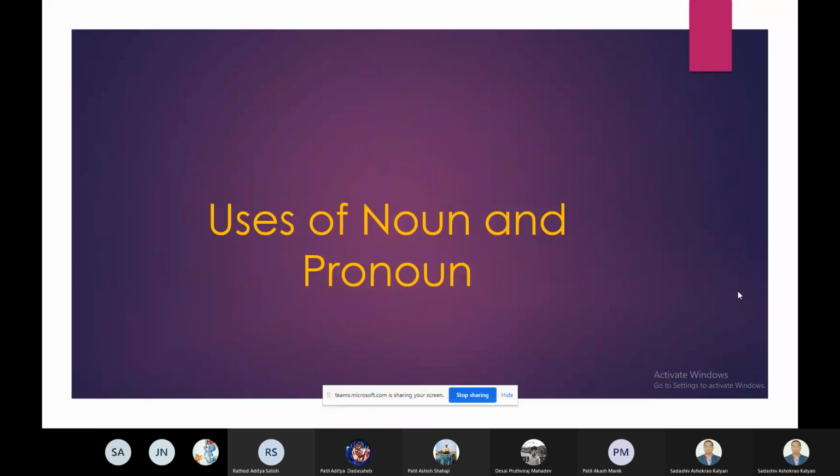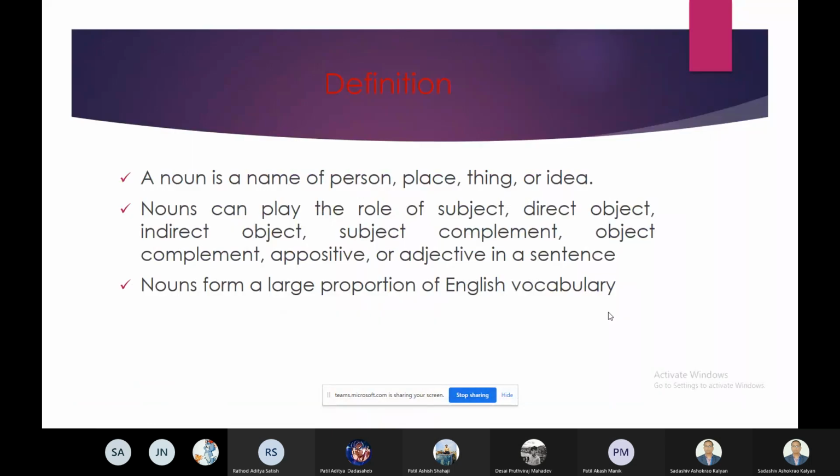Now let us study first of all the noun in detail, then the pronoun. As I said earlier, a noun is a name of a person, thing, place or idea. When I say the word Mumbai, or the Jahangir Art Gallery, Kolhapur, these are names given to particular places.